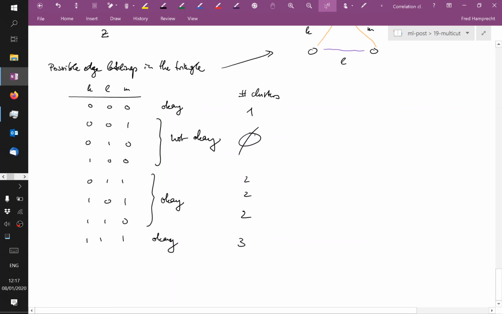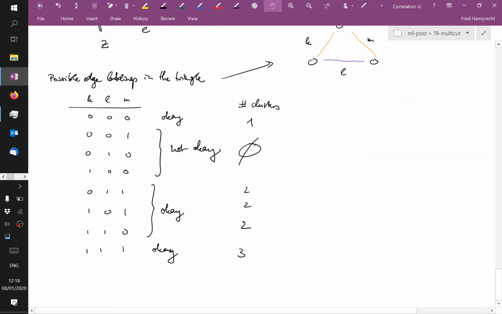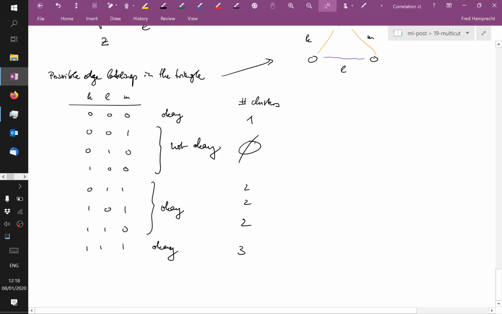So you see that it looks like a combinatorial optimization problem, because amongst all the legal solutions, amongst all the okay solutions, we need to find out which one has the lowest energy. And it turns out that for graphs that are bigger than the triangle, indeed we have this element of needing to try out everything.